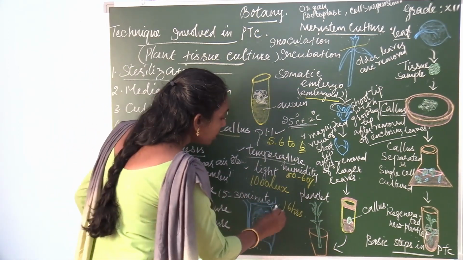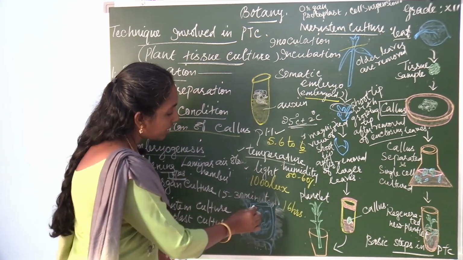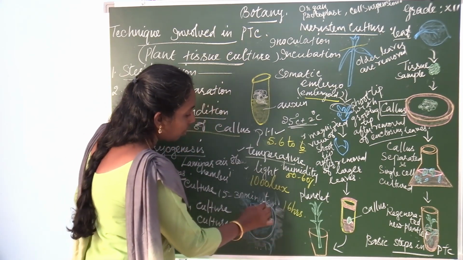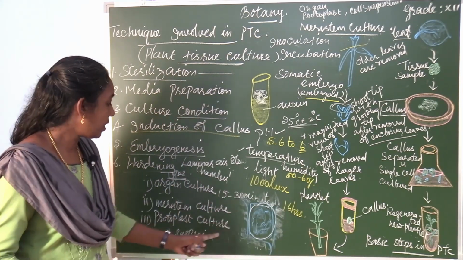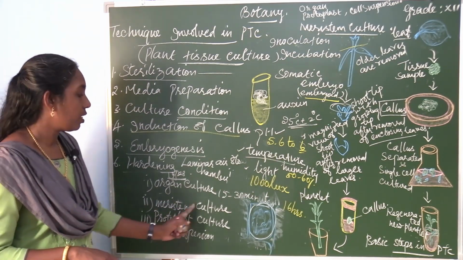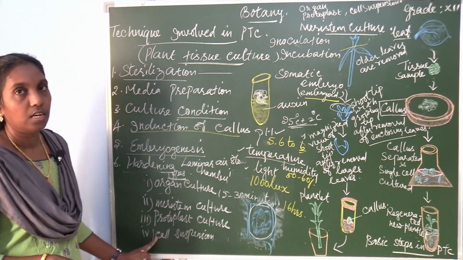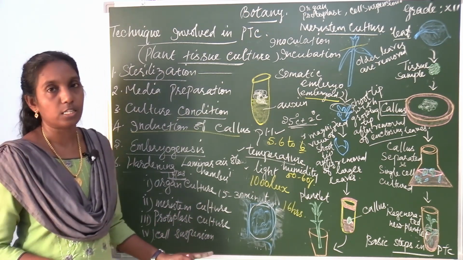When you remove this cell wall, what is present inside is called protoplast. So the isolation of this protoplast and allowing it to grow in the culture medium is called protoplast culture. In the next class, we are going to learn protoplast culture and cell suspension.